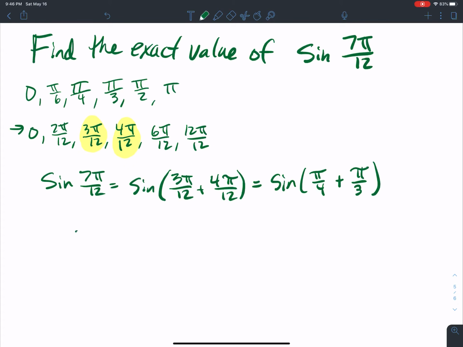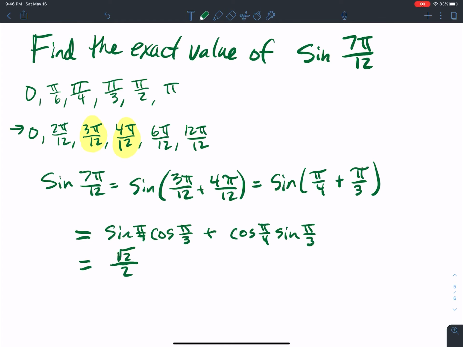Okay, and if I use my sum rule for sine, that's sine pi over 4 cosine pi over 3 plus cosine pi over 4 sine pi over 3. Okay, so sine pi over 4 is 1 over square root 2, which I guess is square root 2 over 2 if you rationalize.